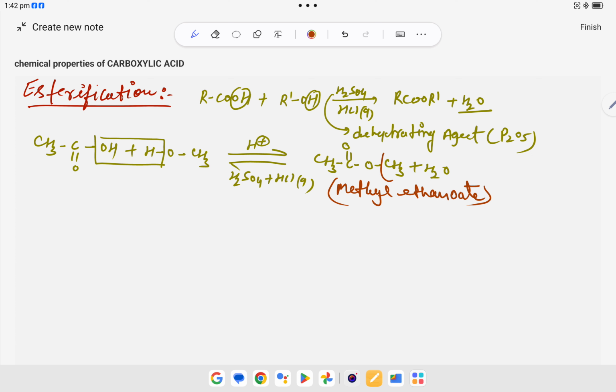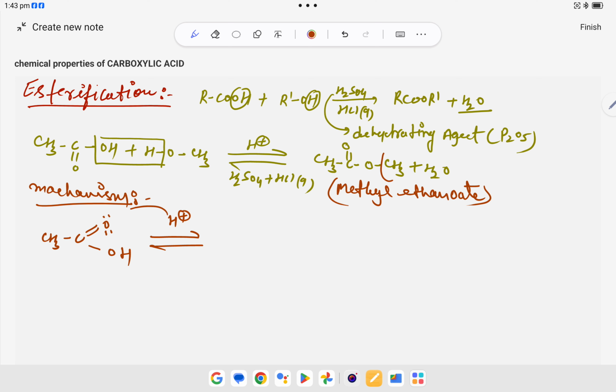So check the mechanism. CH3 C double bond O and here OH. This oxygen is having a lone pair. Because of the acidic medium we are having H plus, so H plus attaches to the OH species.